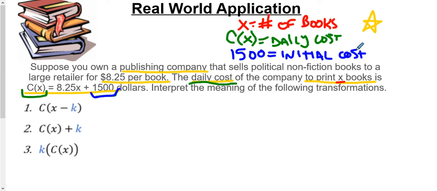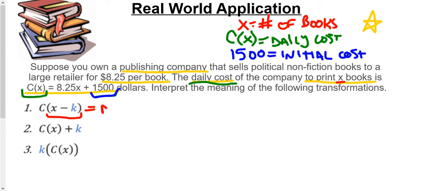So we broke down some of these operations here. Let's go ahead and take another look at these. So I have C of X minus K, all right? C of X minus K. And in this case, the K is inside my parentheses with the letter X. And again, X means the number of books. So this K only affects the number of books. It's being subtracted from them.